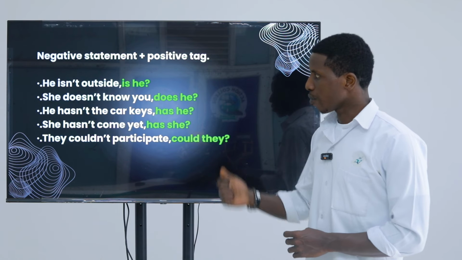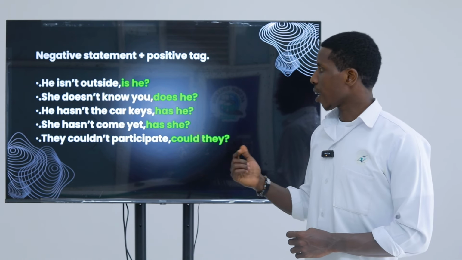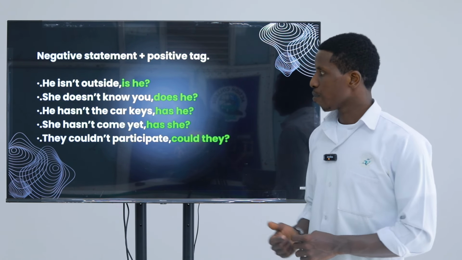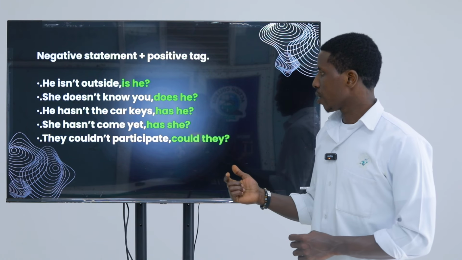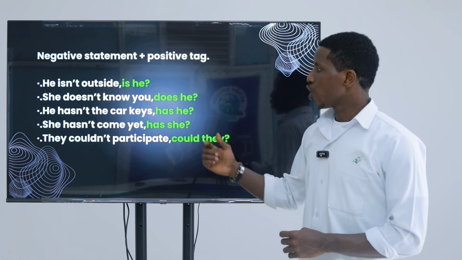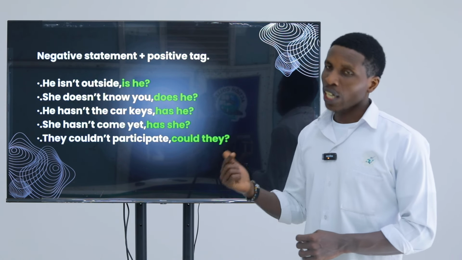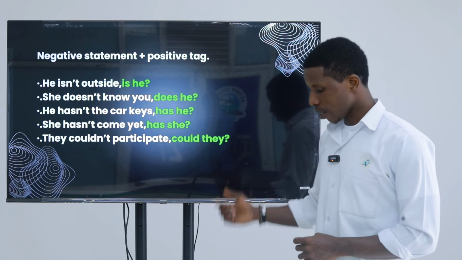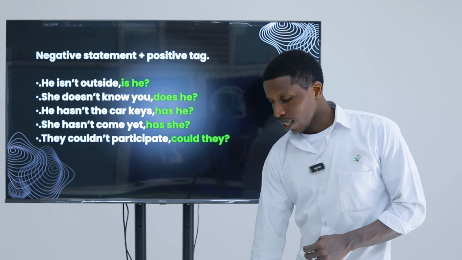Negative, positive. He hasn't the car keys, has he? Negative, positive. She hasn't come yet, has she? Negative, positive. She couldn't participate, could she? So negative, positive. All right. So let's get going.